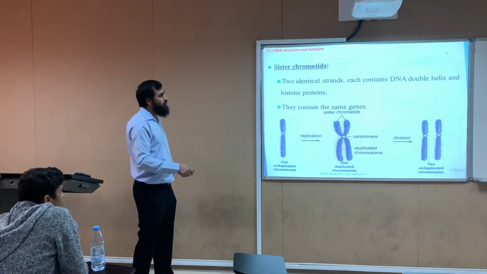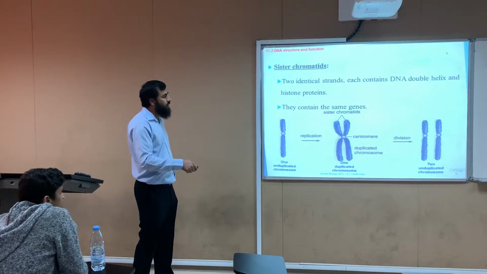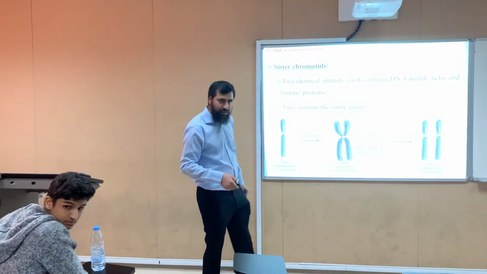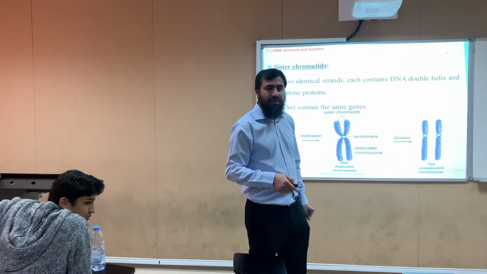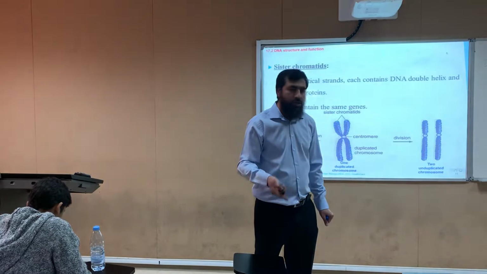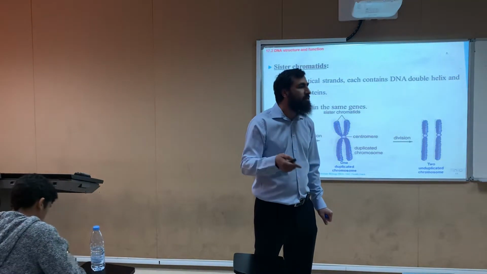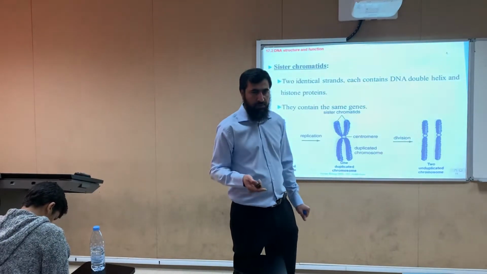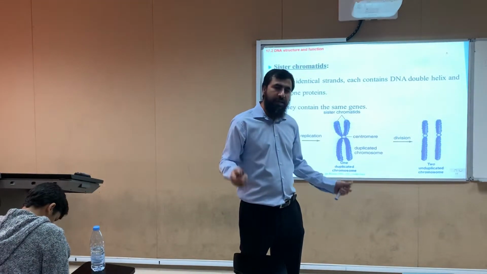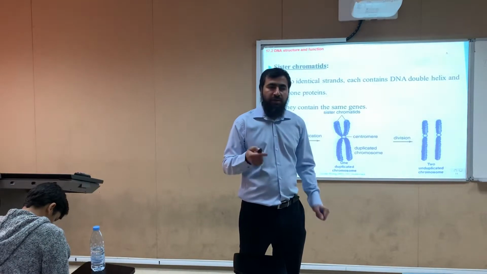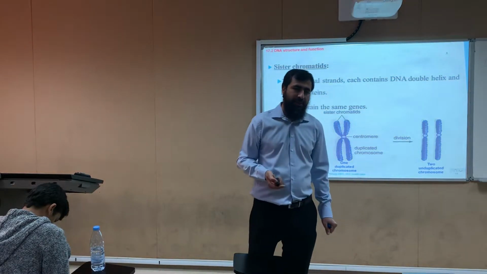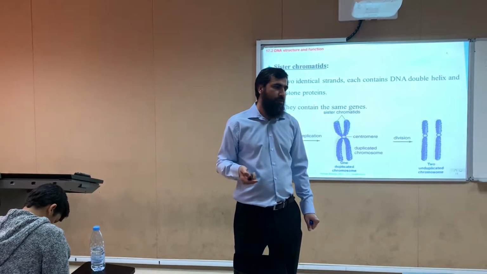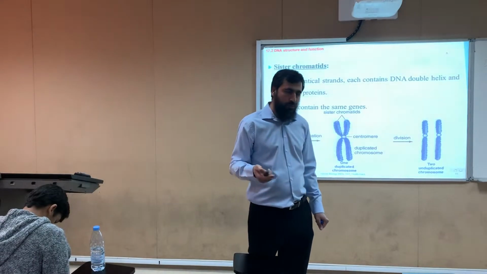The sister chromatids are identical to each other because you want to end up with the same DNA in the new cell. Every cell in your body has the same DNA as the original cell that you came from, the zygote. The only cells that don't have the same DNA are the gametes, sperm and egg.